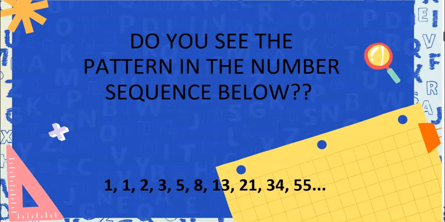So this pattern of numbers that we see here, there's a rule to find the next number. I'm wondering if you can figure out what that rule is or what the next numbers would be in this pattern.